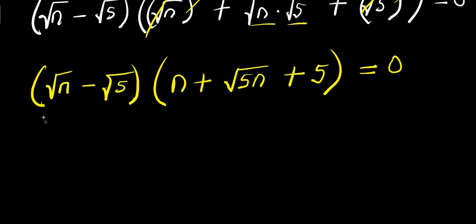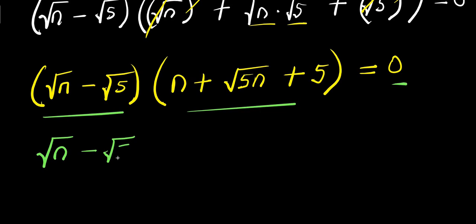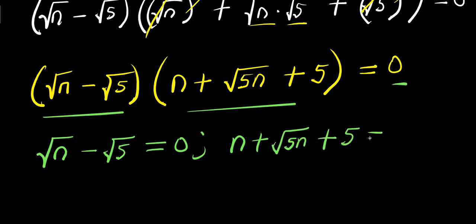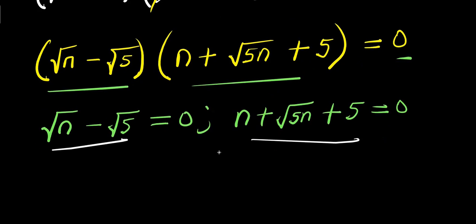So at this point, we are going to equate each of these to 0. We have square root of n minus square root of 5 equals 0. We have n plus square root of 5n plus 5 equals 0. So from here, we are going to solve these individual equations. Let's start with the first one here.